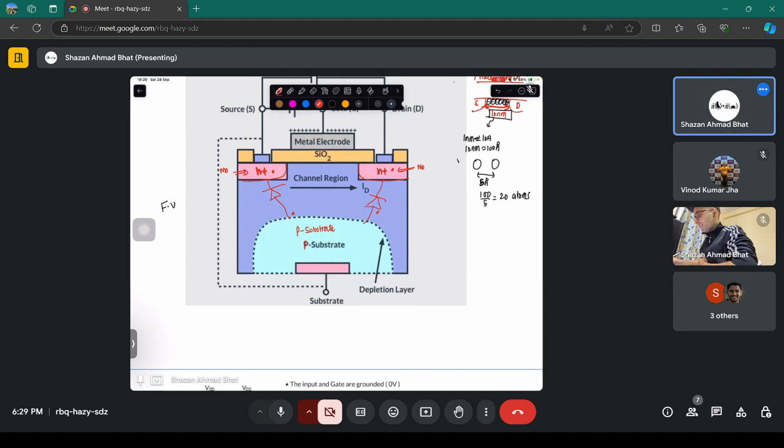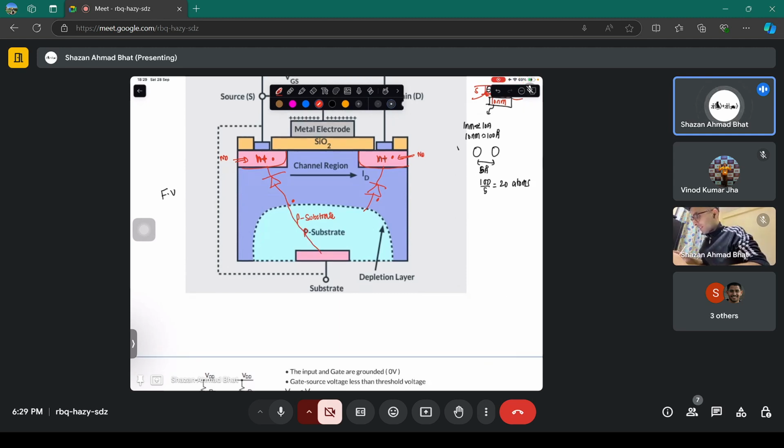Now you have to play with these p-n junctions. These are two p-n junctions present inside, and most of the time these are reverse biased p-n junctions, so that current should not flow in these directions. We don't want the current to go there. We want the current to flow just near this region.